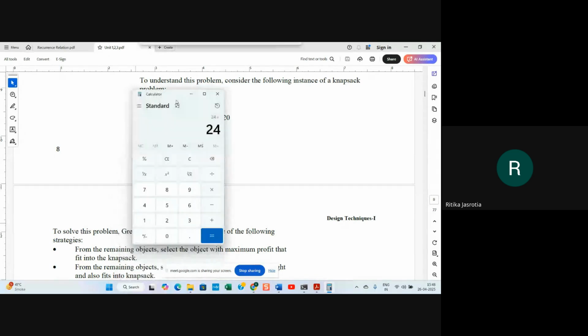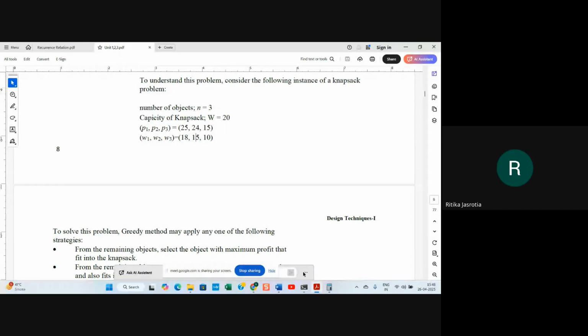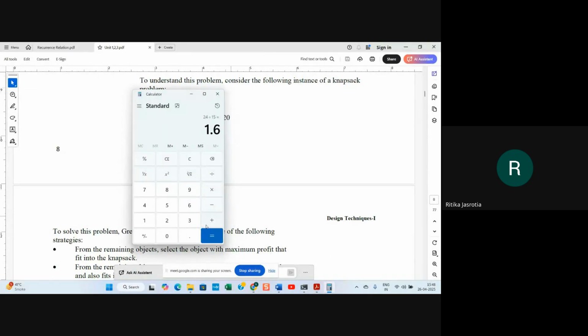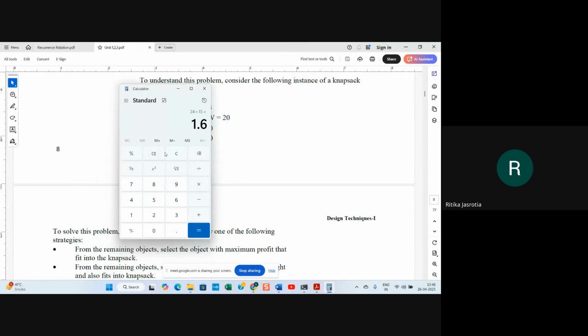24 divided by 15 is 1.6, and 25 divided by 18 is giving you 1.3.